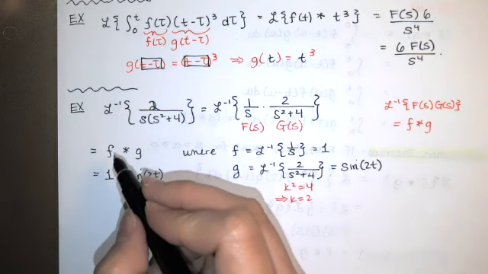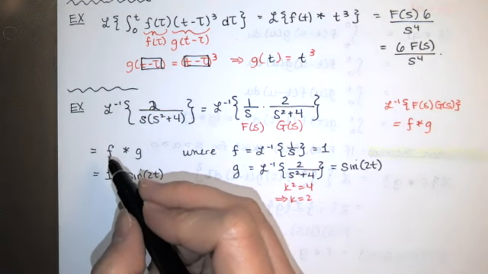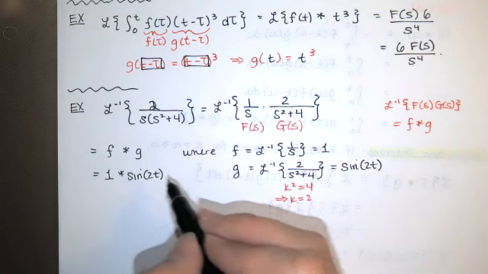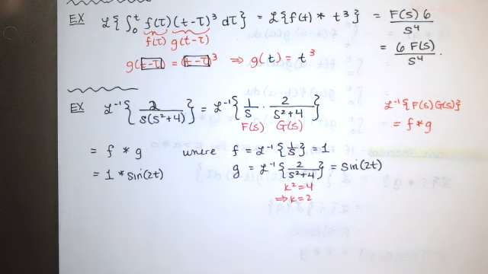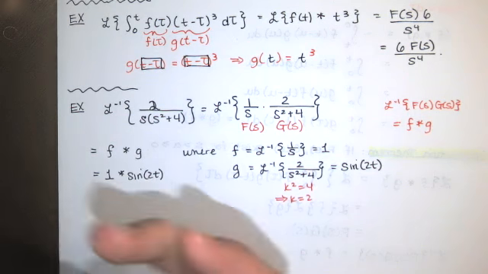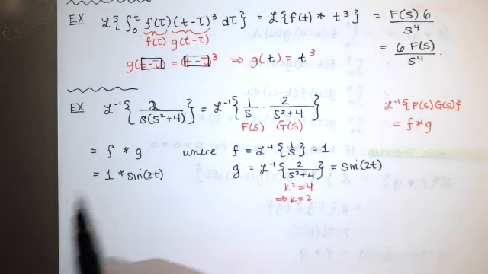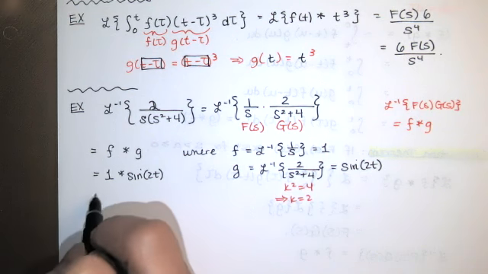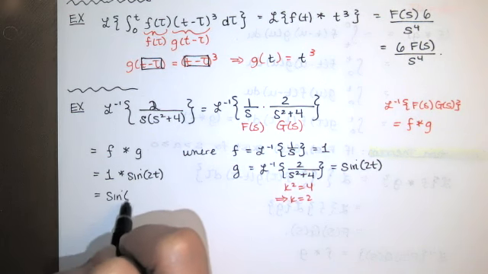Now, typically, I would replace t with tau in this function and replace t with t minus tau in this function and then evaluate the appropriate integral with respect to tau. To simplify our work, I'm just going to use the commutativity property of the convolution operator.